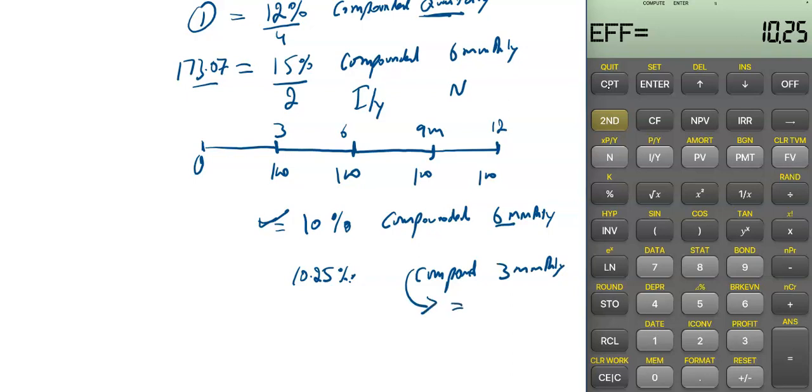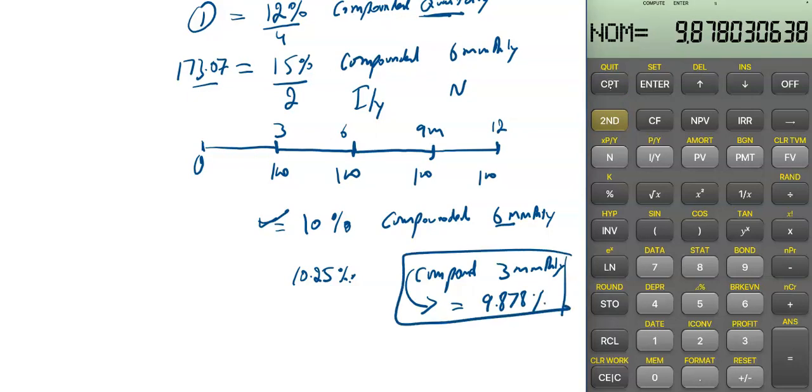So you need to calculate this rate. And how to do that? Keep the effective annual rate the same. Compounding per year will be 4. Calculate the nominal rate. That will be 9.878%. So using this rate, you can discount these series of cash flows. How to do that? PMT will be 100, future value 0.